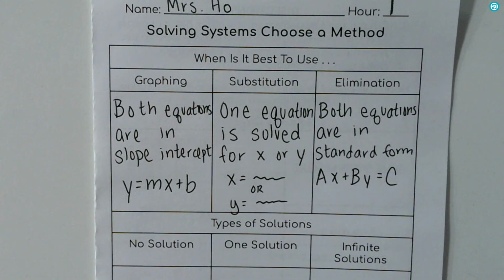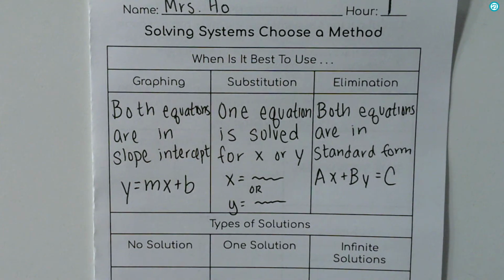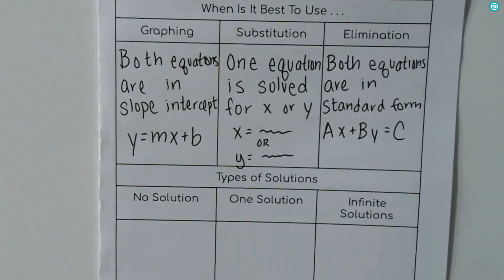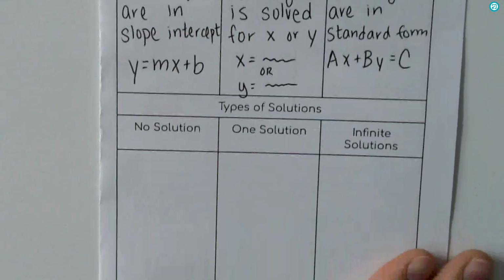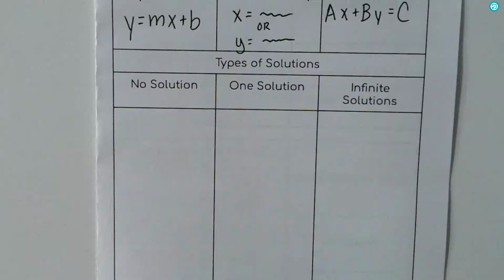Okay, moving down, one more thing before we open this up and get to solving. We have 3 different types of solutions that we are going to see. Sometimes our system will have no solution. When we are graphing and we have no solution, what do those 2 lines look like?